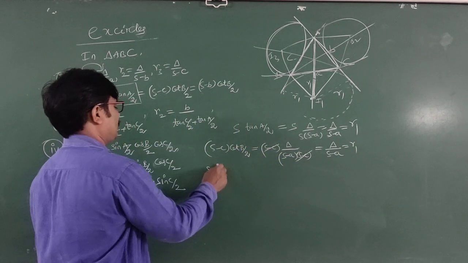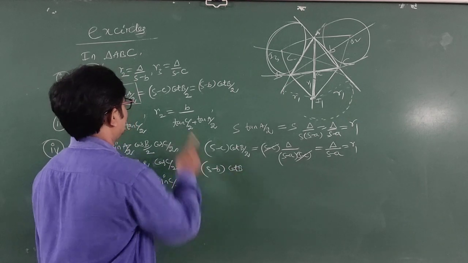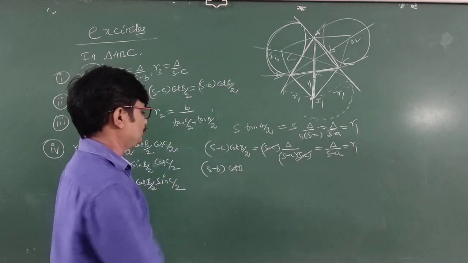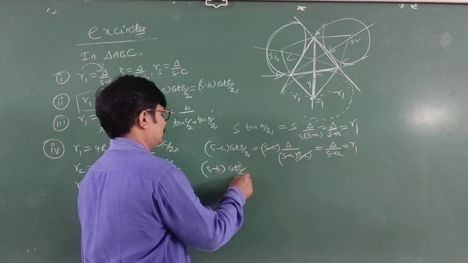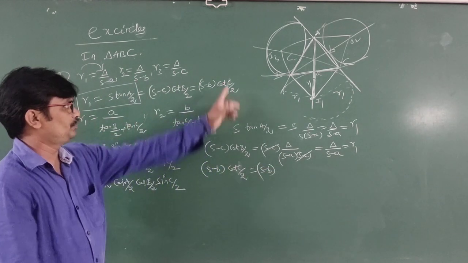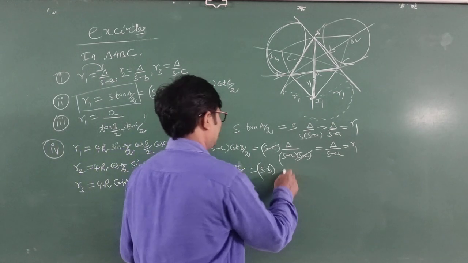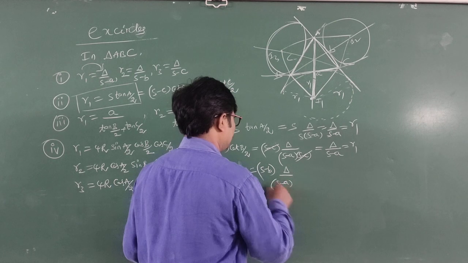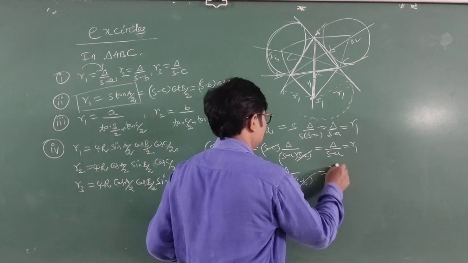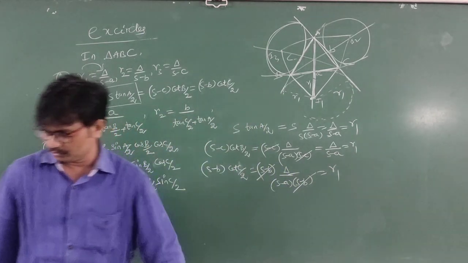Then (S minus B) cot of C by 2. Cot C by 2 is of the form delta by (S minus A) into (S minus B). These two are cancelled. Again it is R1. So students, R1 is S tan A by 2.